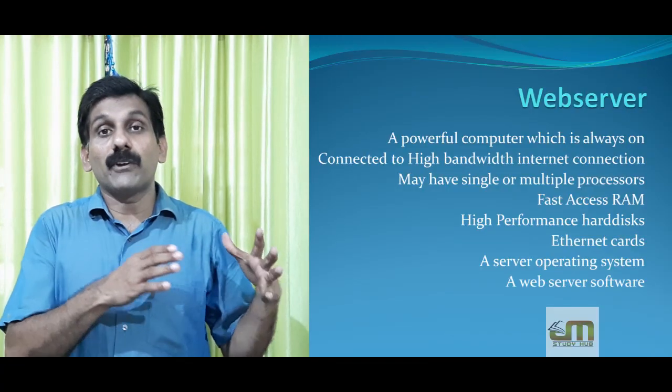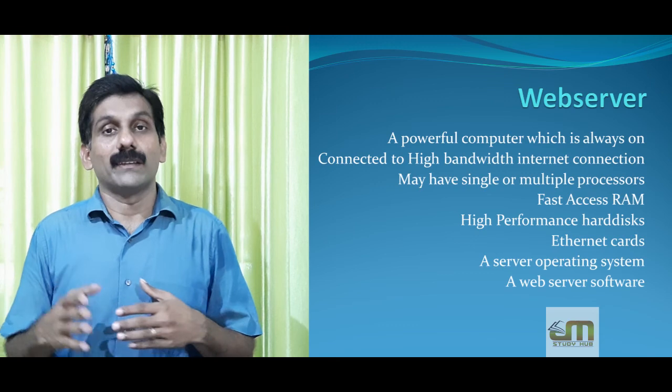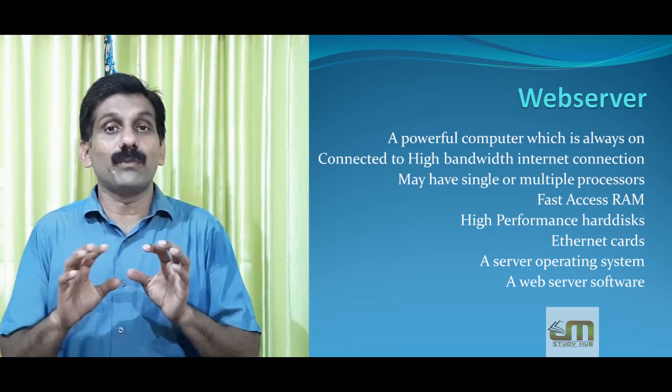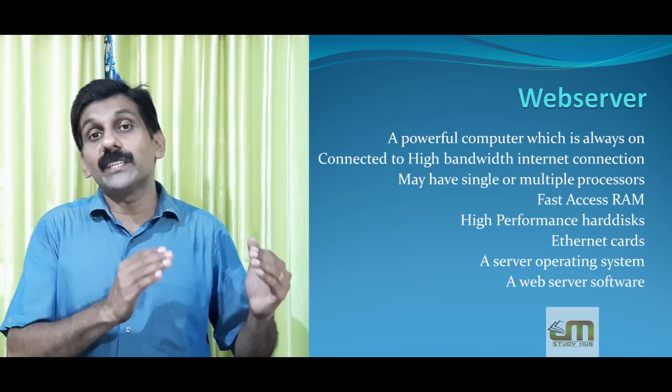This is done by the web server program. What are the features that a web server should have? First of all, it should be a powerful machine that is always on, 24 into 7, 24 hours into 7 days. Then this machine should be connected to a high bandwidth internet connection.